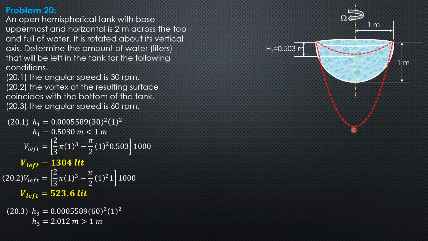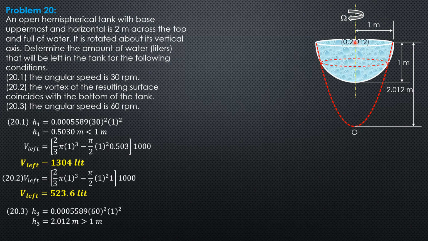Let's consider the vortex of the parabolic surface as the origin, and this is 2.012 meter. Then the intersection between the parabolic surface and the hemisphere is here. Then we call this point x comma y, so that's the origin.